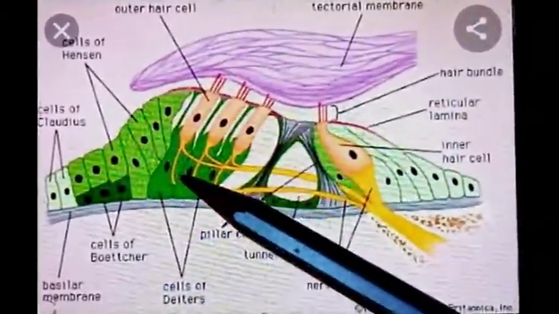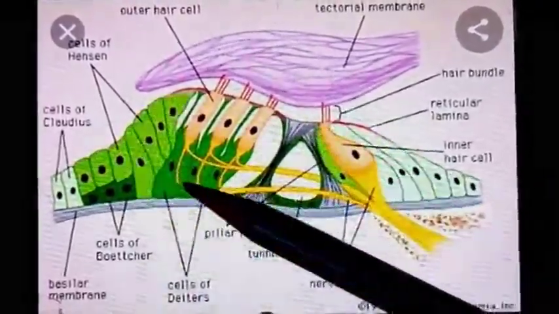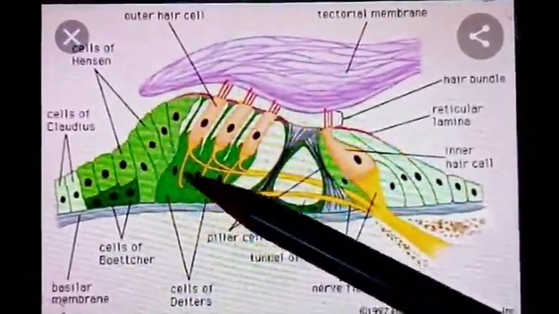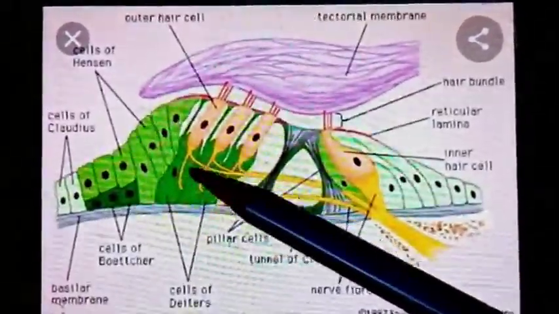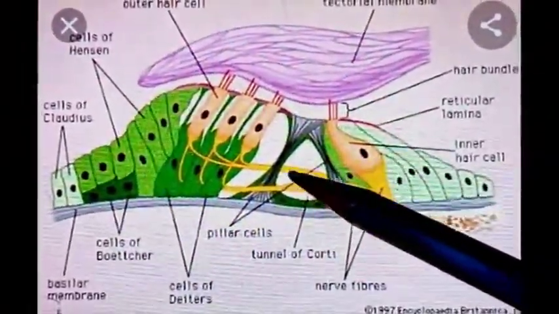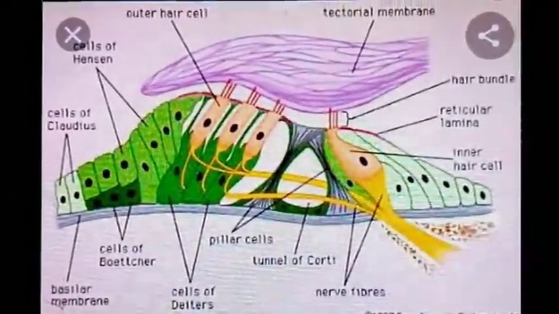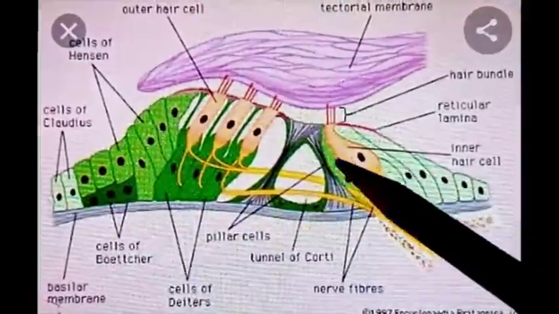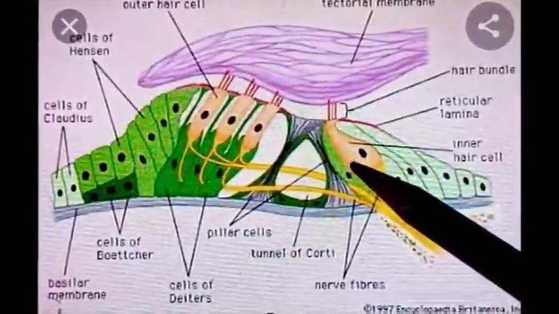So two types of hair cells are present in this organ of Corti. One is the inner hair cell and the other is the outer hair cell, and this is the inner hair cell. Both are separated by the tunnel of Corti. Inner hair cells are fewer in number, about 3500 at birth.